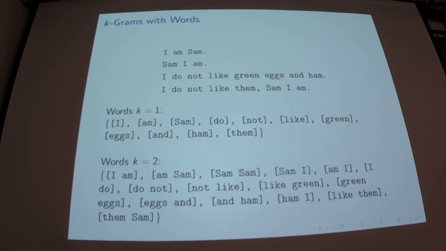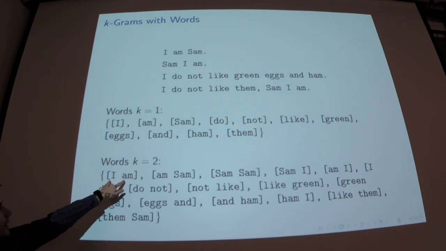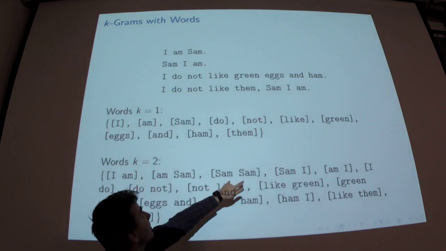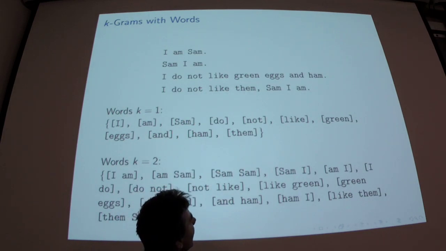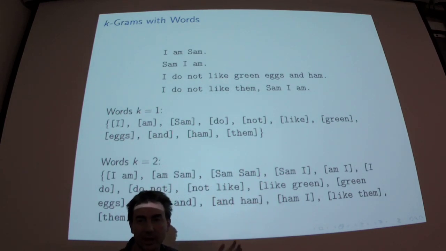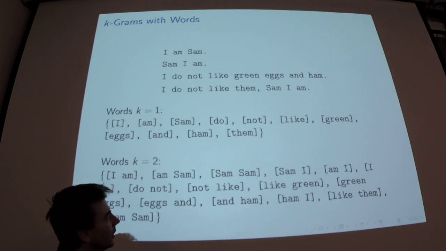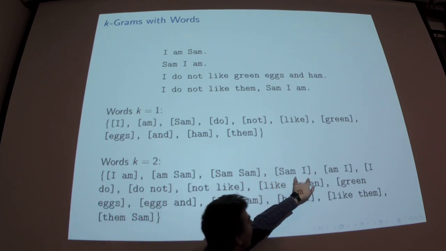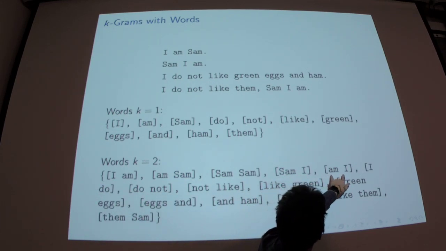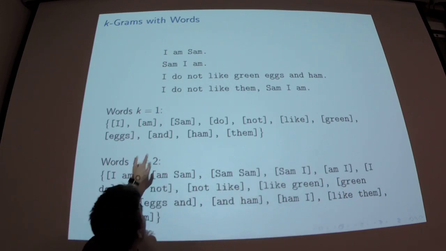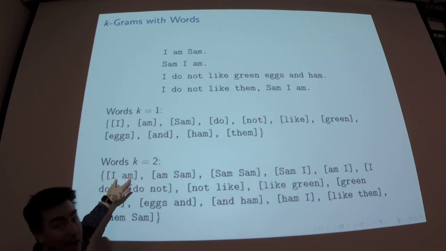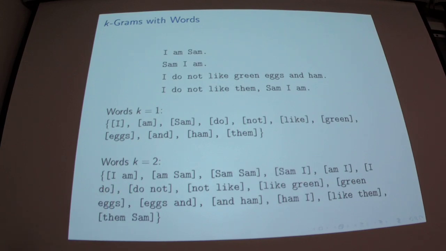And if I do 2-grams over the whole 4-line document, these are the grams I'm going to get: "I am", "am Sam", "Sam I", going across the line. If you have a text document, you would typically do that. Then "Sam I", "I am", but "I am" I already had here, so I only count it once.